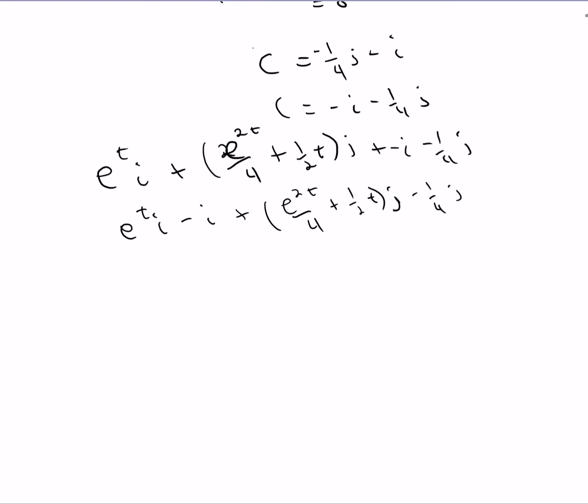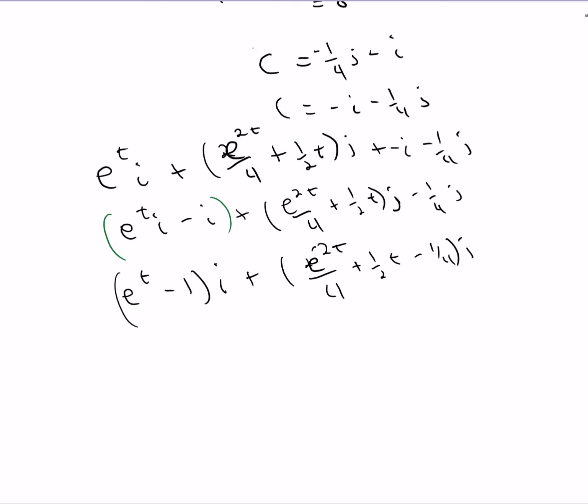And then for each piece you can factor out the i piece, so you'd get e to the t minus 1 i plus e to the 2t over 4 plus 1/2 t minus 1/4 j.